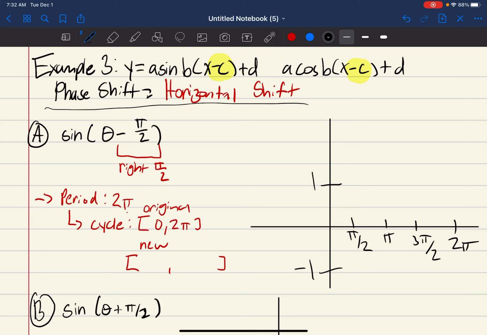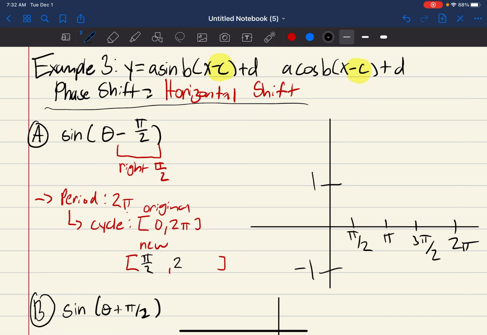So for example, a period is 2 pi. So the cycle for the original would be from 0 to 2 pi. Well, now that we've changed whatever's inside, the cycle now starts at pi over 2.